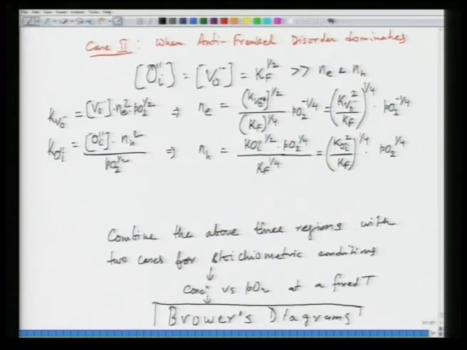These are very important diagrams in case of ceramics to work out what is the defect concentration as a function of partial pressure of oxygen.